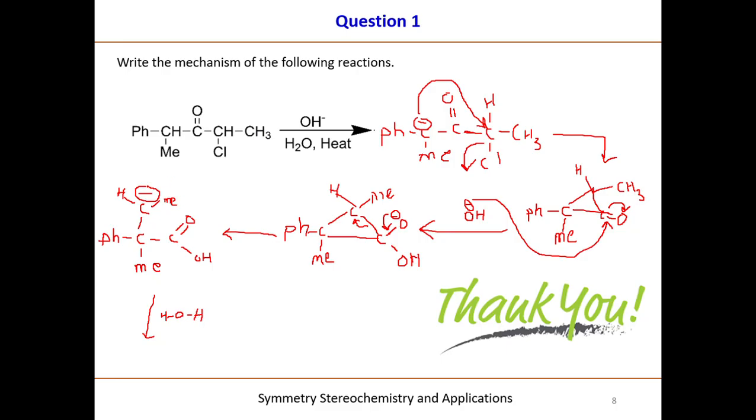Here it will abstract the proton to give the corresponding product, R, or we can write here Ph.